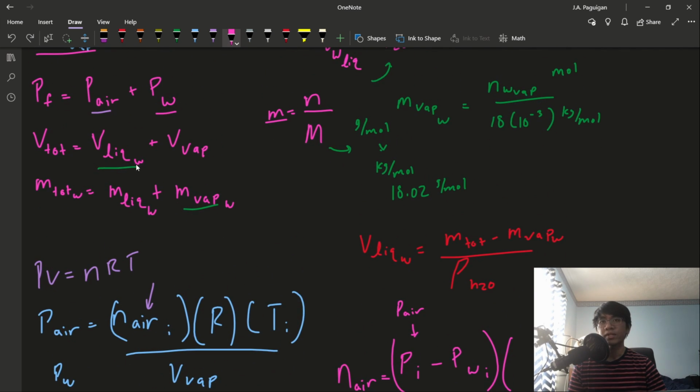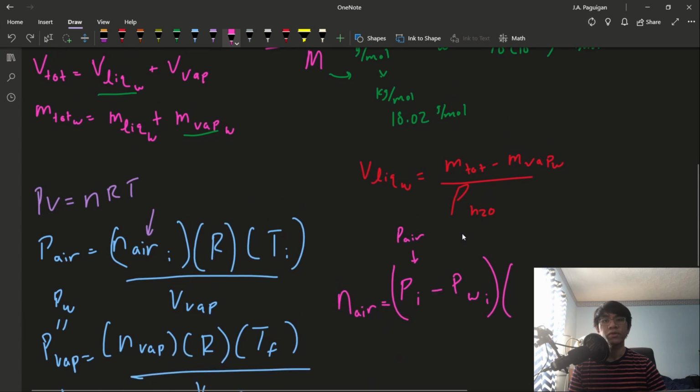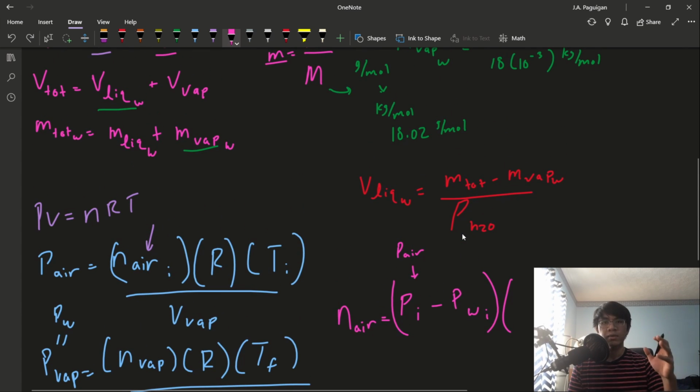And we can also break down the liquid water into our equation of what we did know over here. That's just breaking into more relationships and connecting them even further as we make more relationships with the equation. So we have our volume of the vapor phase, which is equal to the total volume minus the volume of the liquid water.